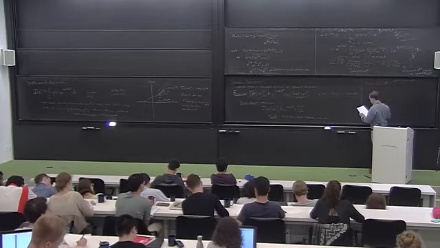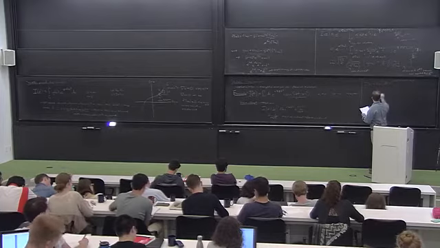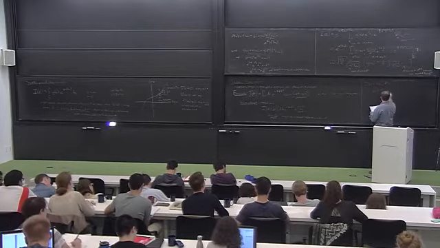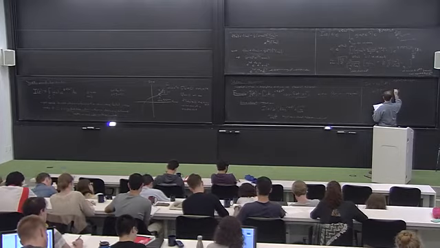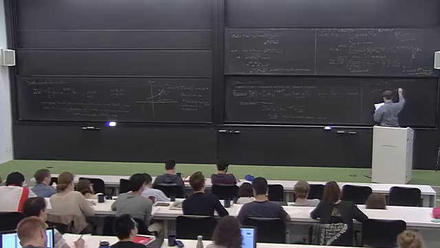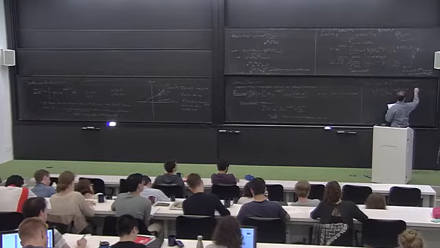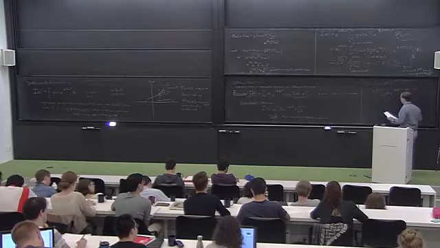By symmetry, that's half the integral from minus 1 to 1 of dt e to the minus 4 z t squared plus 5 z t and so on.